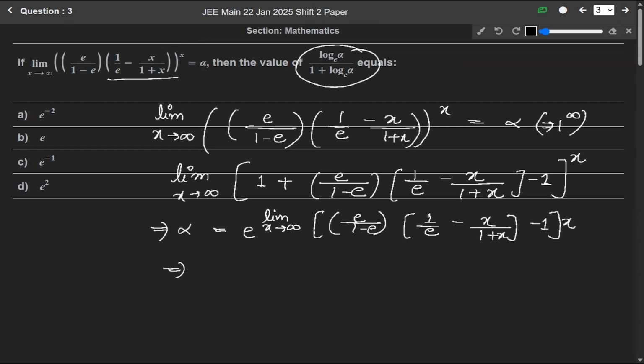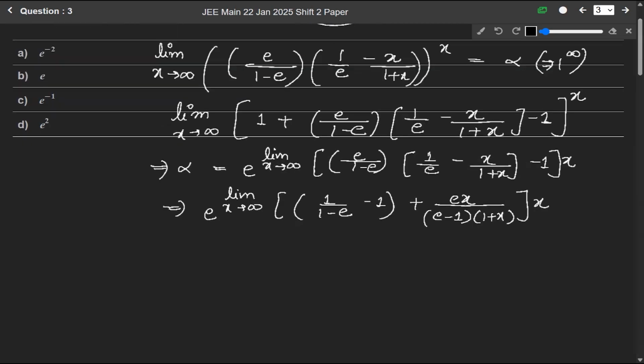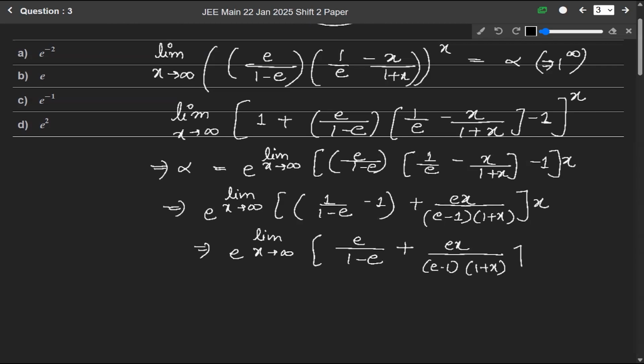So this implies that e to the power limit x tends to infinity of [1/(1 − e) − (1 + ex)/((e − 1)(1 + x))] into x. So it will be equal to e to the power limit x tends to infinity of [e/(1 − e) + ex/((e − 1)(1 + x))] into x.